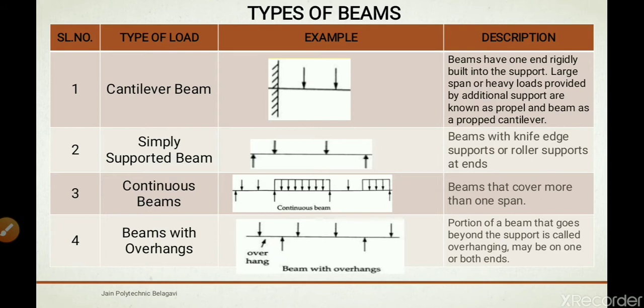So description: beams have one end rigidly built into the support. Large span or heavy loads provided by additional support are known as propped cantilever. If there is a support at the free end from the bottom, it can be said to be a propped cantilever.